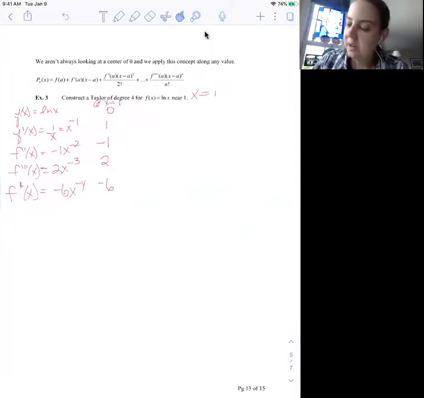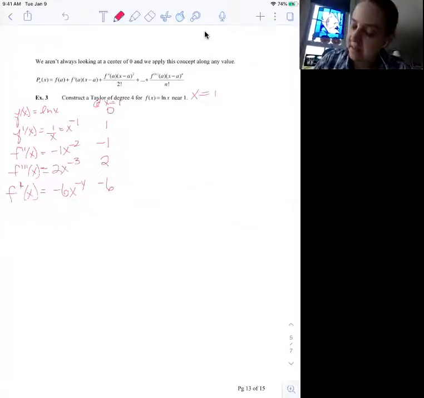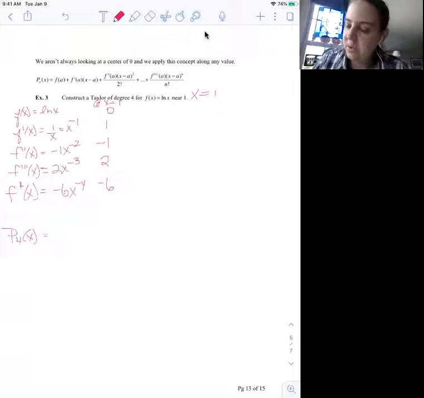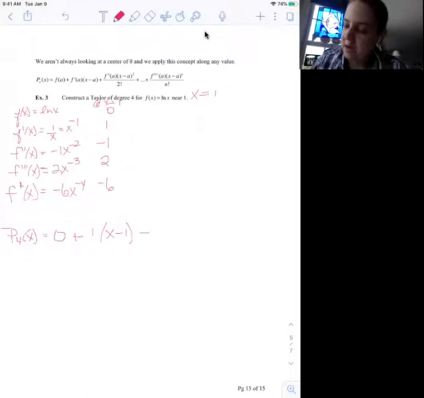So my polynomial looks something like this. The 4th degree Taylor polynomial is going to be 0 plus the first derivative evaluated at 1, which is 1, times x minus a, so x minus 1, minus 1 over 2 factorial times x minus 1 squared.